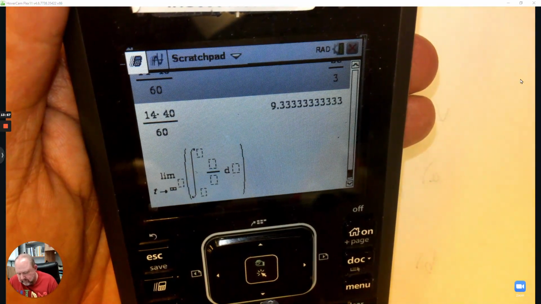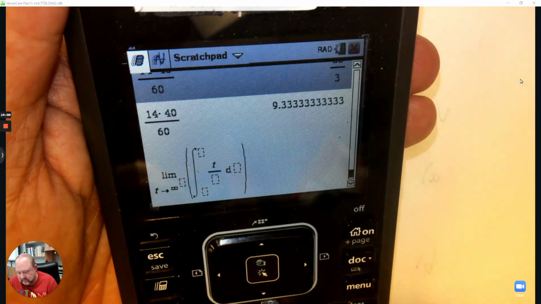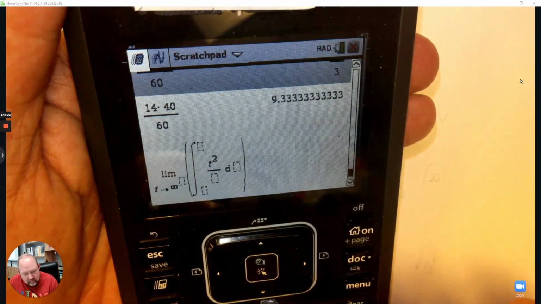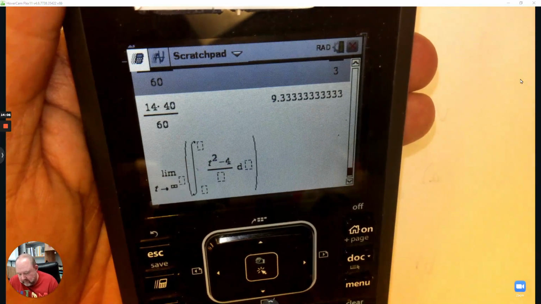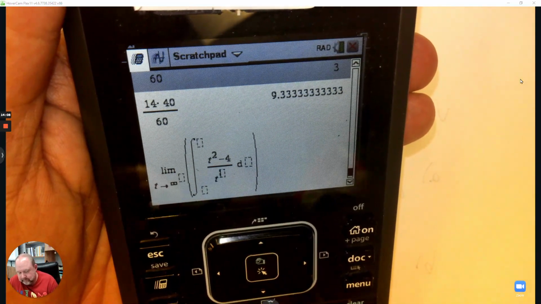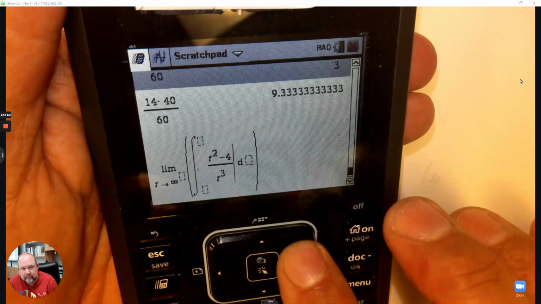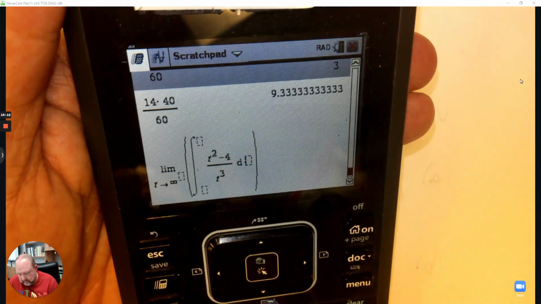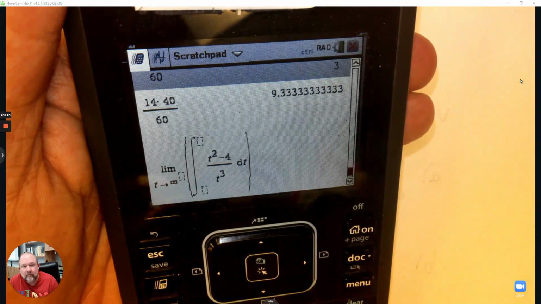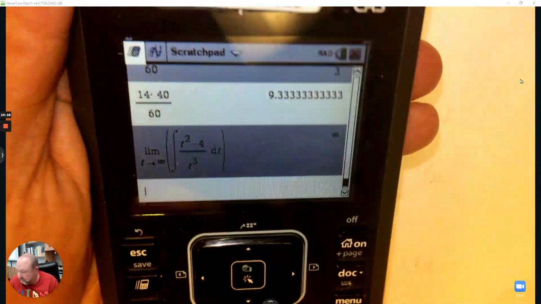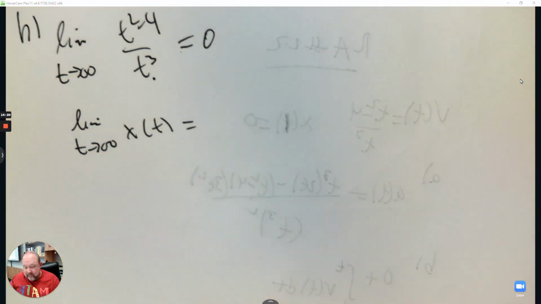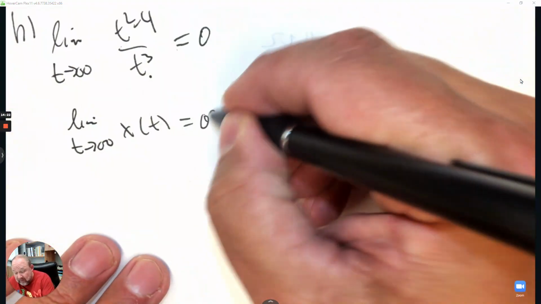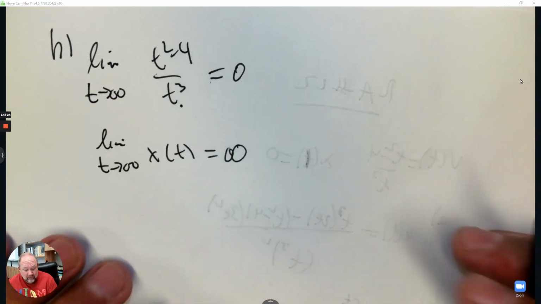I hope this works. t squared over, subtract 4 over t cubed. And you get infinity for one and 0 for the other. So one is 0 and the other one is infinity, or it doesn't exist. But you know what? Your calculator did all the work for you, so that was nice.